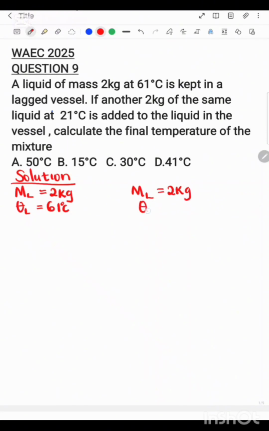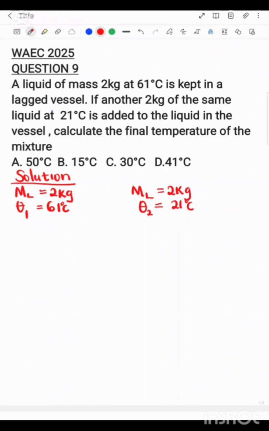Let me denote this with temperature 1, since they are of the same material, I will just set liquid 1, and this is temperature 2, and that is 21 degrees Celsius, is added to the liquid in the vessel. So this new liquid of the same property as the first liquid, which was in the lag, were mixed together.